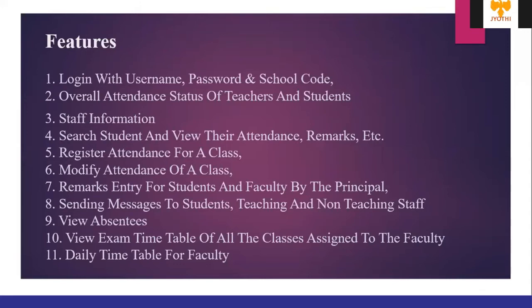Second, principal and teachers can enter the attendance. Third, only the principal can enter staff attendance, and the principal can view the teaching and non-teaching staff profile. On the same page, the principal has a call button and a send SMS button. They can use the call button and send SMS.